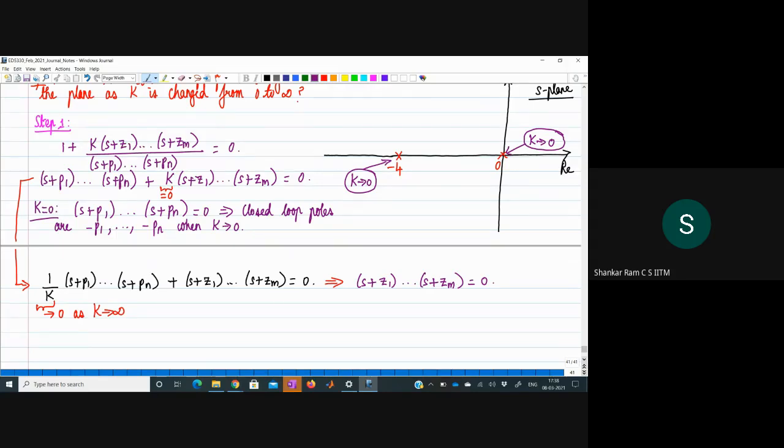So this implies that s equals minus z1 through minus zm are the closed loop poles as k tends to infinity.